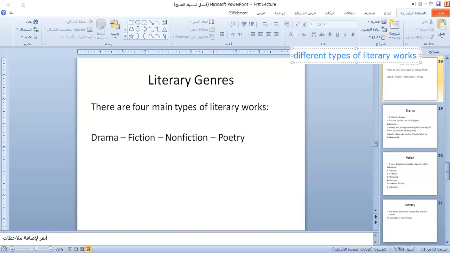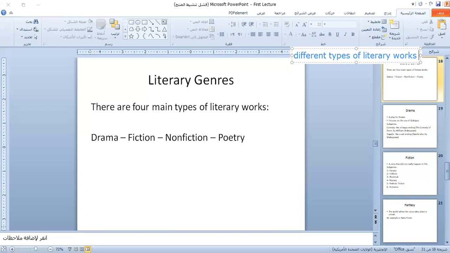But we distinguish these four different genres in this classification because each of these four has a different structure, a different method of writing, or a different way of display. Now, if we start with drama, whenever someone says drama, I want you to remember the word play. Plays and dramas are the same.